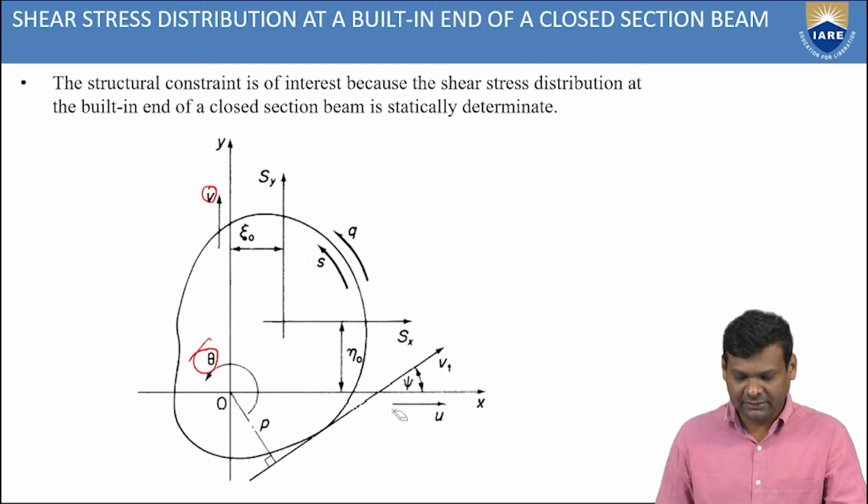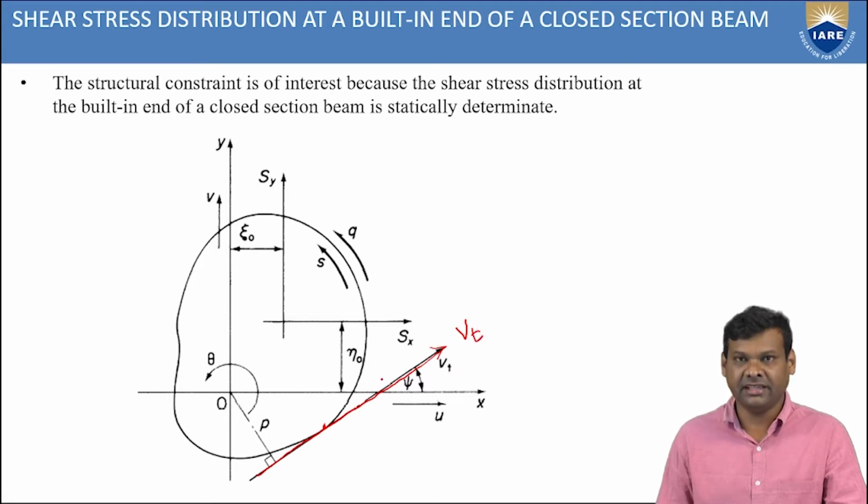Okay, and when you clearly look into this figure, let us look into the displacement at a point marked at this point. Now, when you draw a tangent at this point, the displacement associated with this tangent point is Vt. Let us say it is Vt.